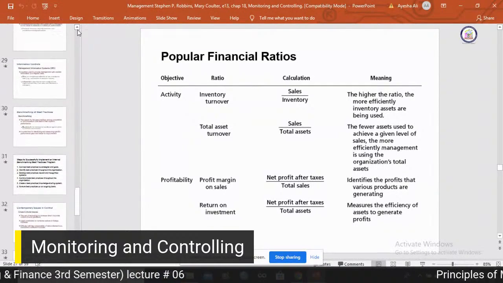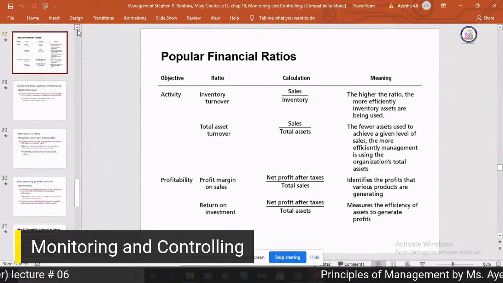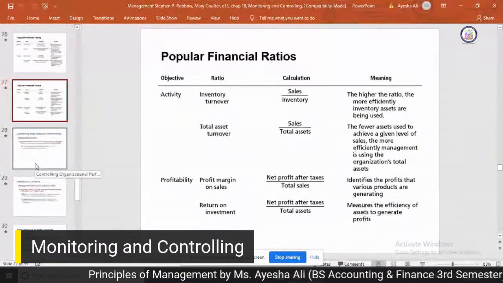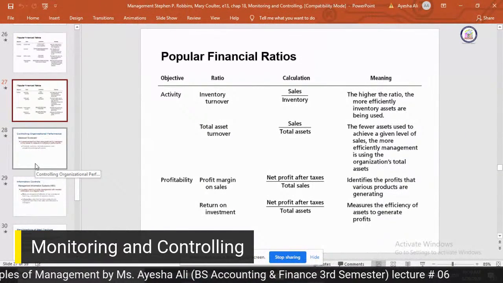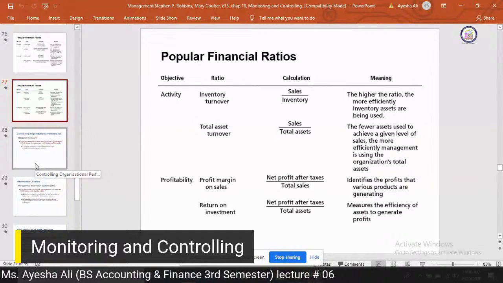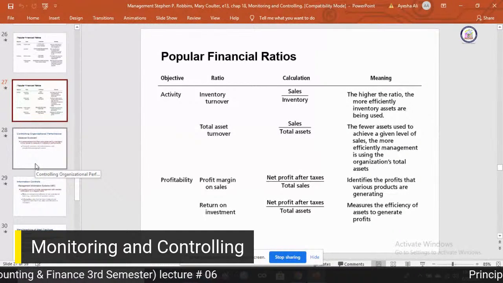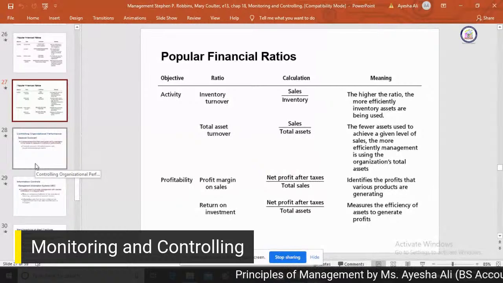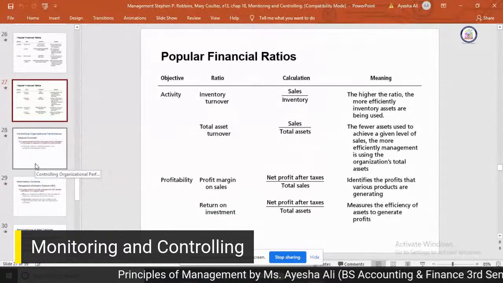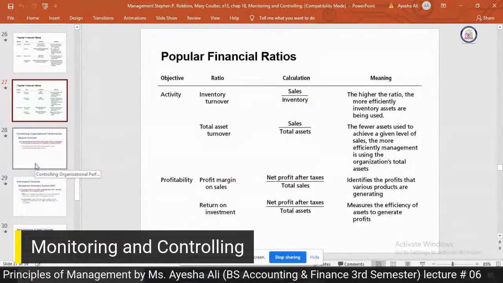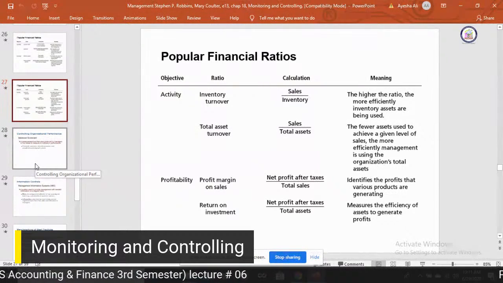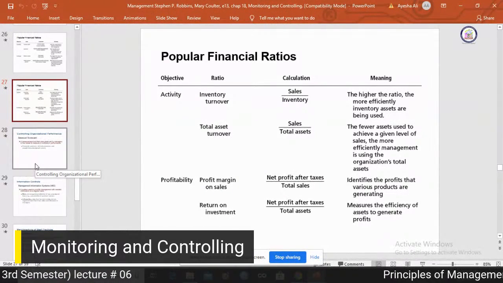Basically, we are using all these ratios to know about the organization's financial condition: whether the organization is making enough money, whether the organization is using their assets properly, whether the organization is liquid or leveraged enough, and whether the organization is able to pay the interest on their loans.